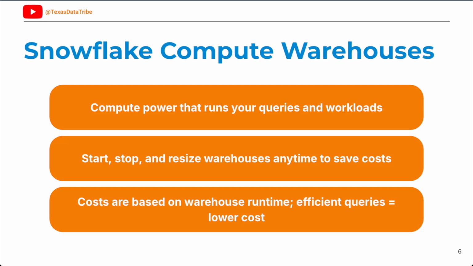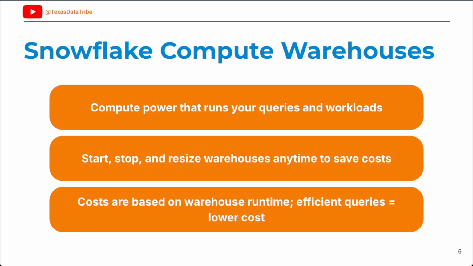So again, we can think of a warehouse in Snowflake terms as the engine that runs your SQL. And when it is running, it consumes resources so that it can process those queries, and you are being charged for that runtime. But then when you pause it or turn it off, you are not being charged any longer.